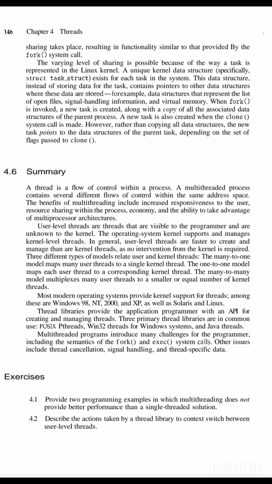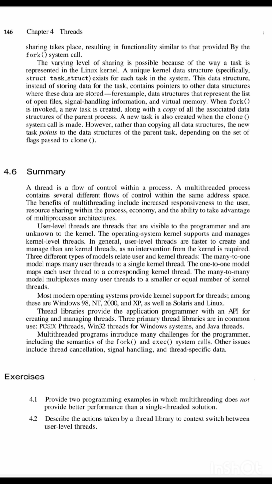4.6 Summary. A thread is a flow of control within a process. A multithreaded process contains several different flows of control within the same address space. The benefits of multithreading include increased responsiveness to the user, resource sharing within the process, economy, and the ability to take advantage of multiprocessor architectures.